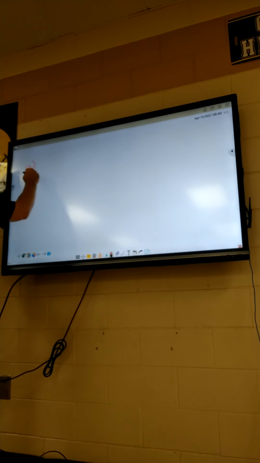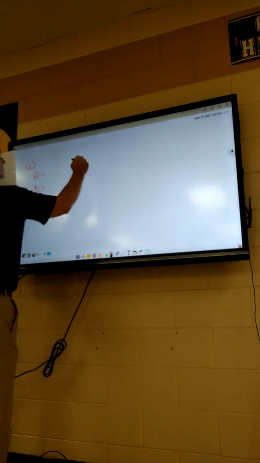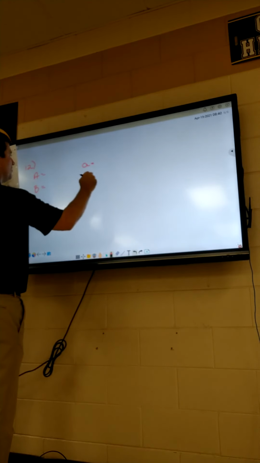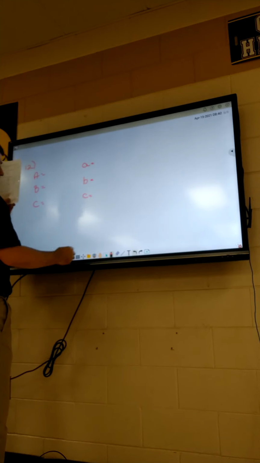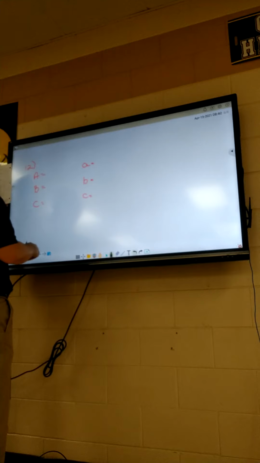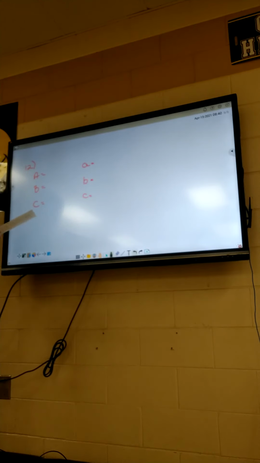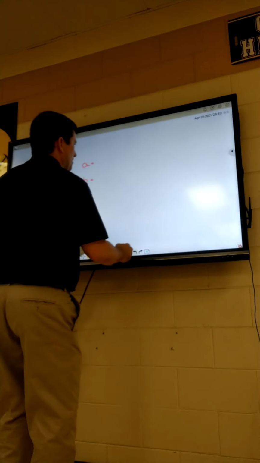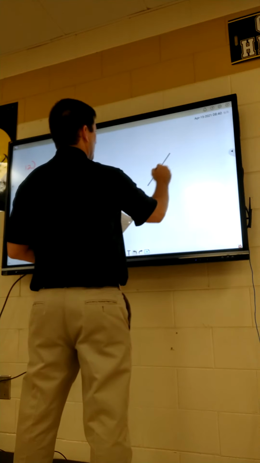Number 12, I got capital A, capital B, capital C, little a, little b, little c. All right, this one's a little harder because some of y'all get mixed up when y'all look at the triangle.